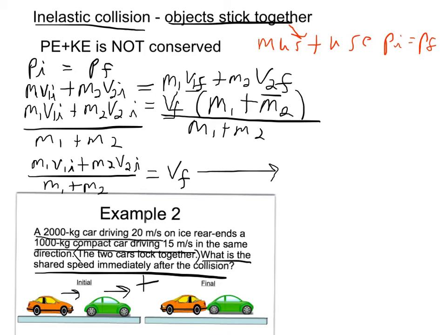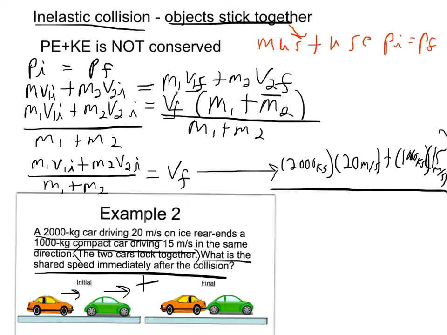Let's substitute in what we know. The mass of car 1 is 2,000 kilograms, driving at 20 meters per second, plus the mass of car 2, 1,000 kilograms, going at 15 meters per second, over total mass 2,000 kilograms plus 1,500 kilograms. And let's see what I get when I do that.